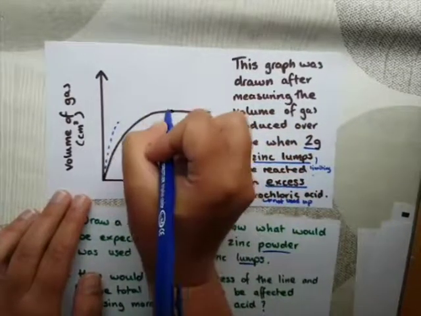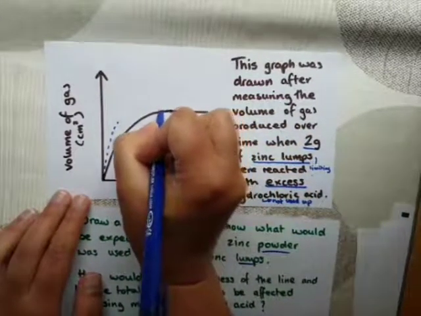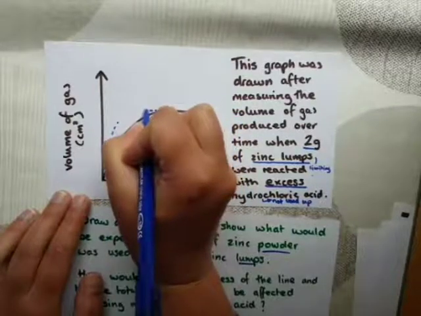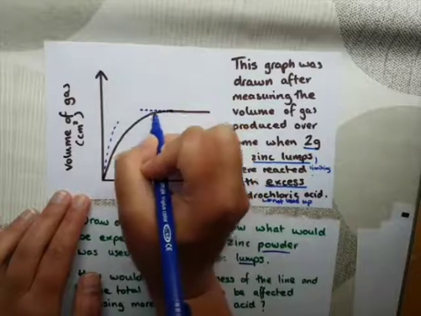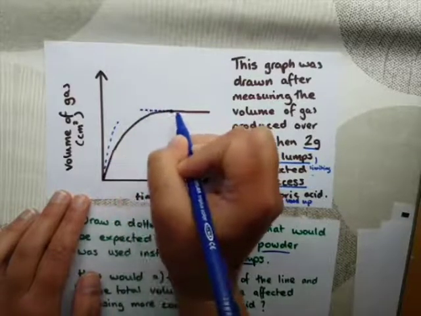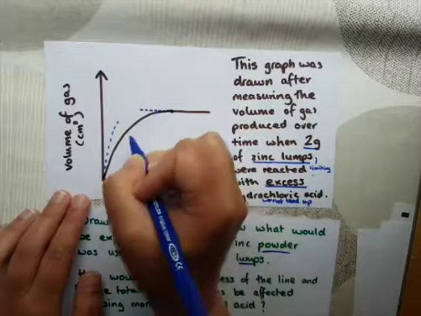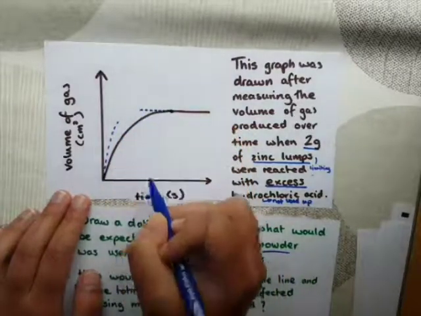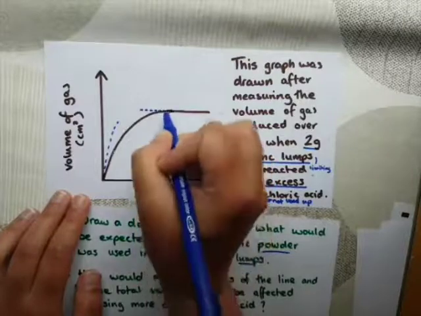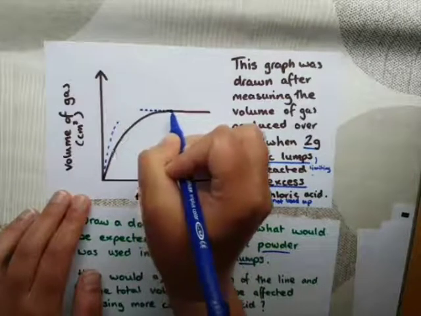So just to make sure I'm doing that, I'm going to draw my dotted line coming out from here, and I'm going to keep it horizontal for a bit further back in time compared to the original reaction, to show that the faster reaction with the powder is finishing before the time at which the original reaction finished.